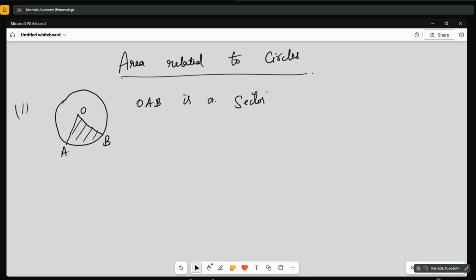So what is a sector? Sector means the area between two radii and the arc. Again, I repeat, between two radii and an arc, whatever portion of the area you get, that they call the sector.